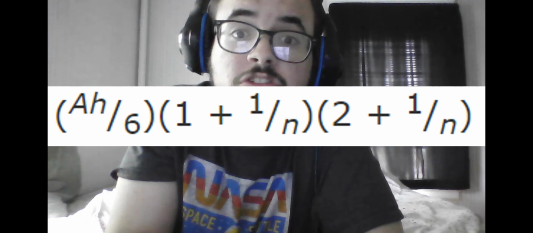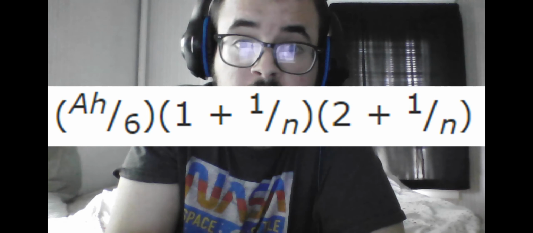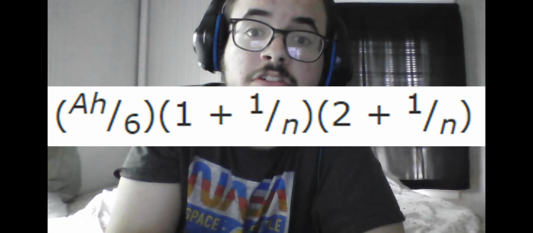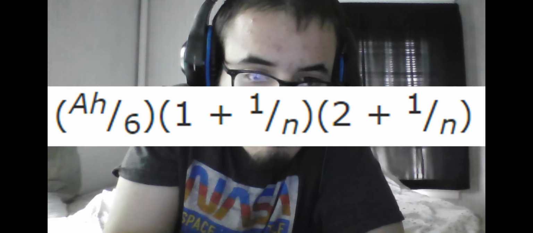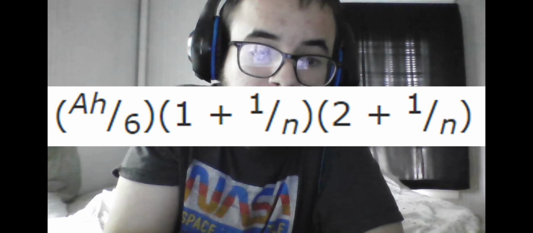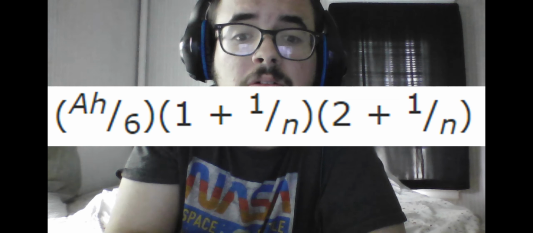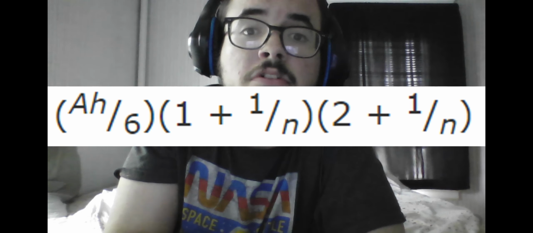And because we assumed the layers were infinitesimally thin, there would have to be an infinite number of layers to make up the volume, and as n tends toward infinity, 1 over n, one of the factors in our formula, tends toward 0, because the greater the number you divide by, the smaller the result.